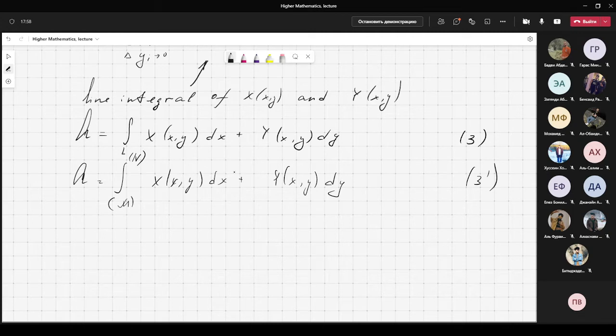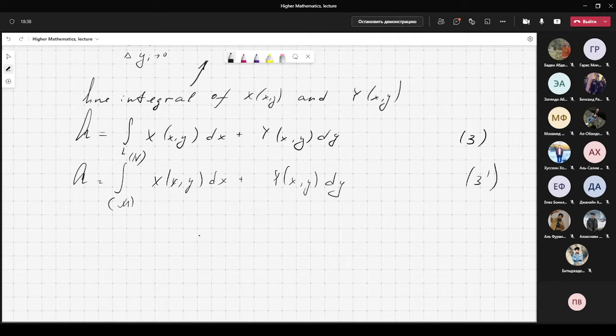Here X of x, y and Y of x, y are regarded as functions of two variables in some region D. The letters M and N, which take the place of the limits of integration, are in brackets to signify that they are not numbers but symbols of the end points of the line over which the line integral is taken.